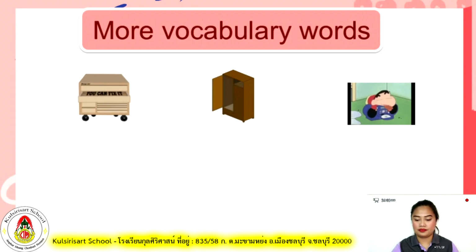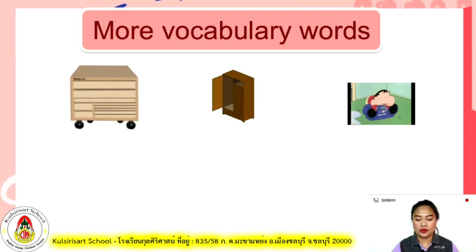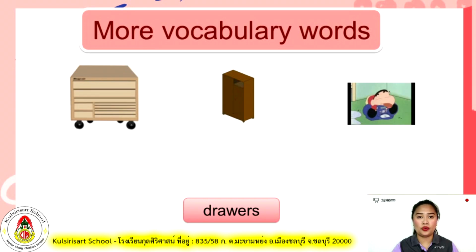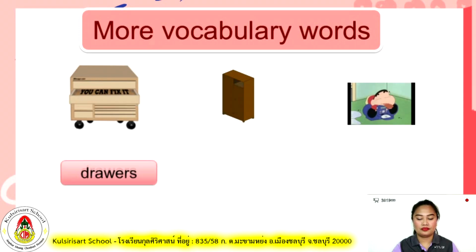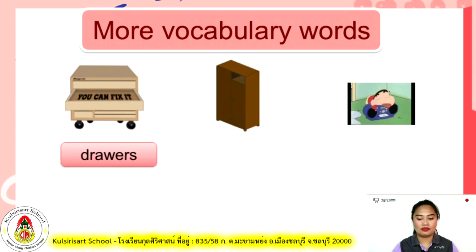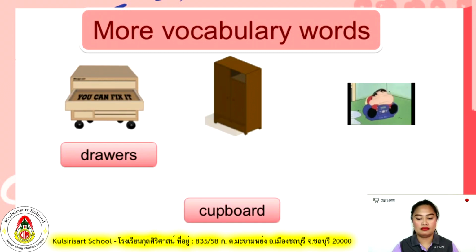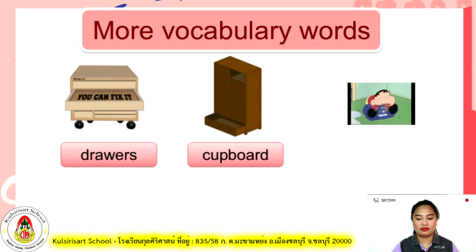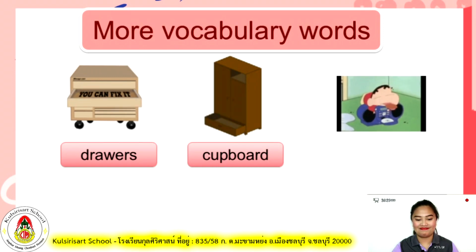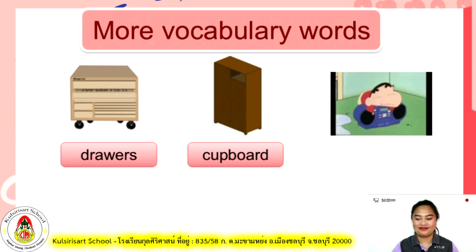First object we have here, drawers. Drawers. Next we have cupboard. Cupboard. And lastly we have here CD player.